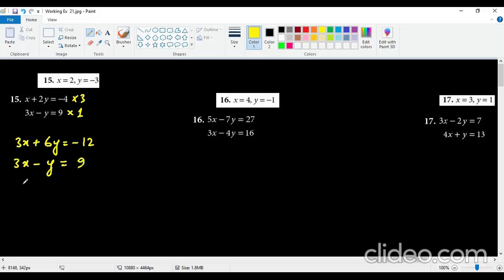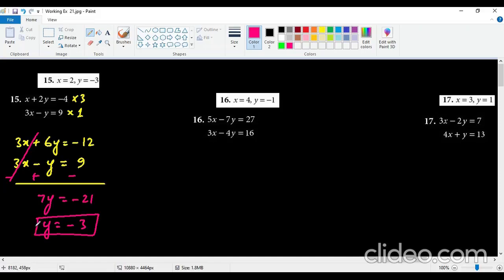Subtracting the equations, this is going to give us 3x minus 3x, and 6y plus y, and minus 12 minus 9. So these two are going to be cancelled. 6 plus 1 is going to give us 7y, and 12 minus 9 is going to give us negative 21. That means y is going to be negative 3, because negative 21 divided by 7 is negative 3.